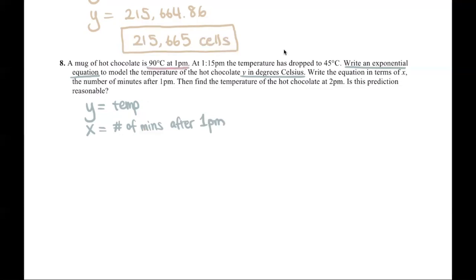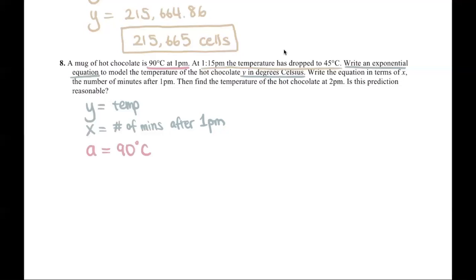Because it's at 1 p.m. So that's going to be my a, the initial temperature. We don't know what b is. That's what we need to find. But they do give us an example, so that's going to help us find b.